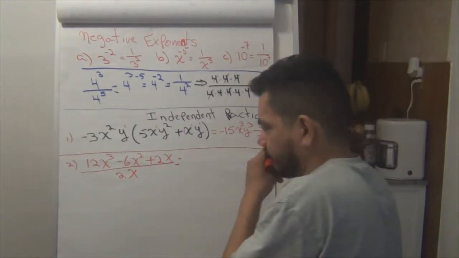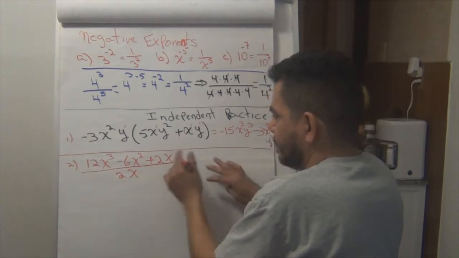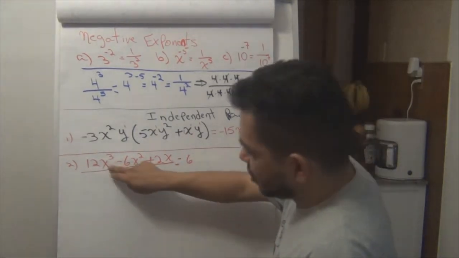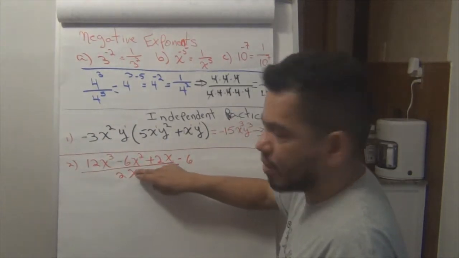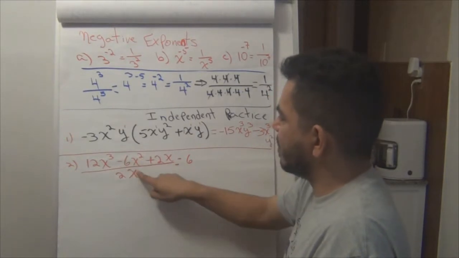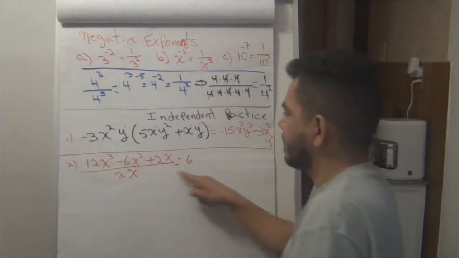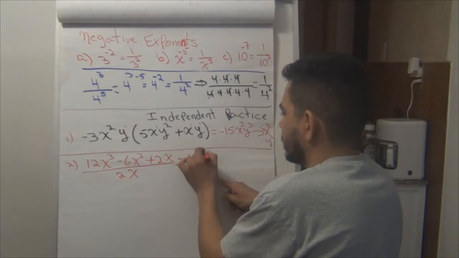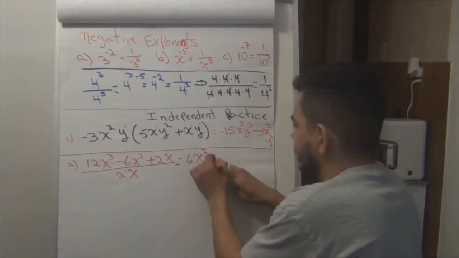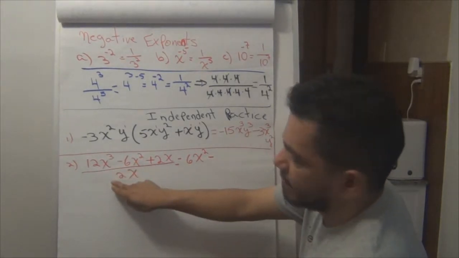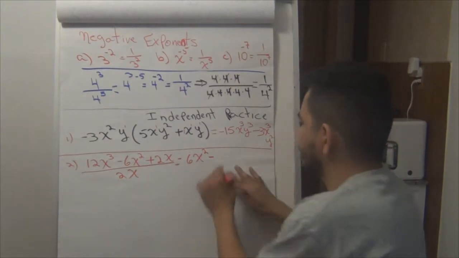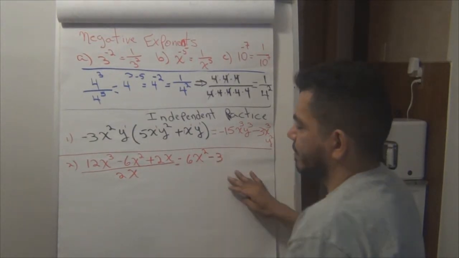So let's start. 12 divided by 2, 6. X to the third divided by x to the first. Remember what you do when you divide powers? You subtract the exponents. So 3 minus 1, because there's an invisible one here, is 2. Minus, why minus? Because negative divided by positive is negative. Minus, and then again, 6 divided by 2, 3.